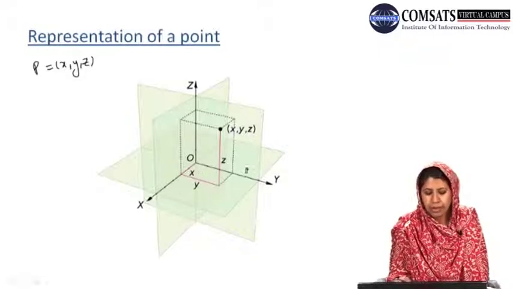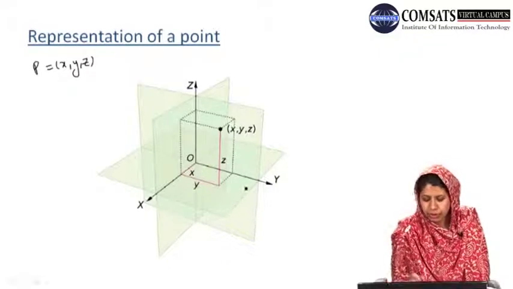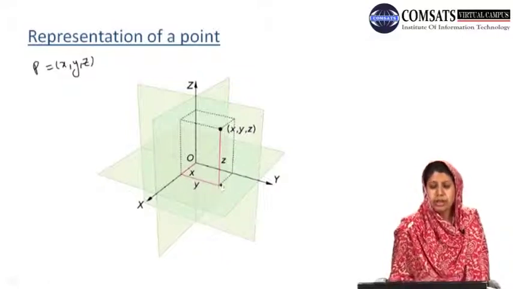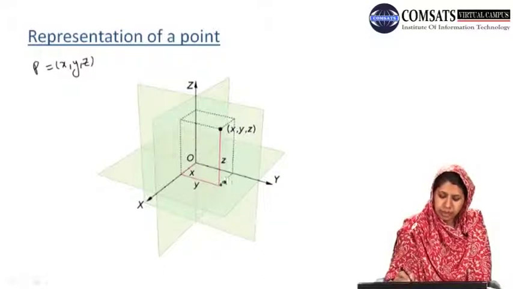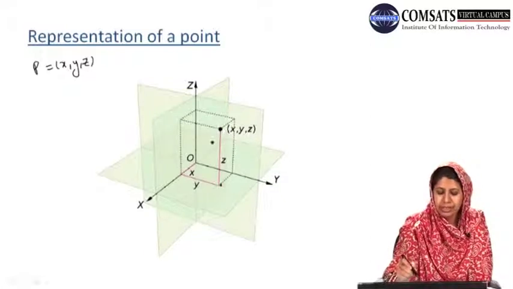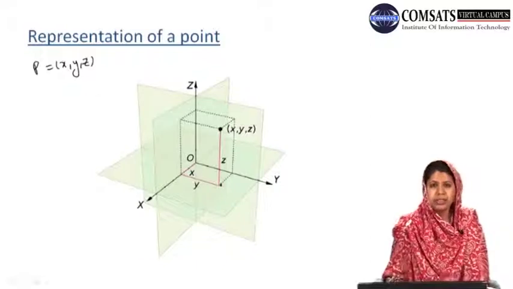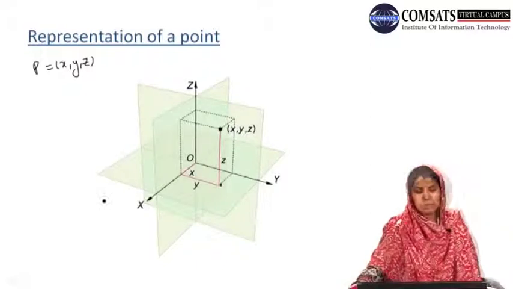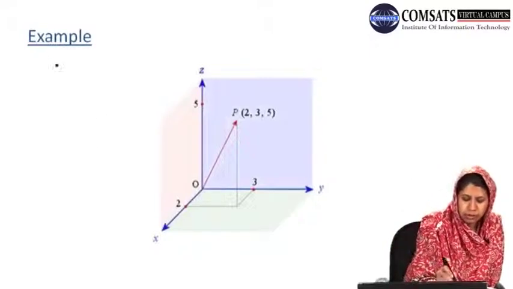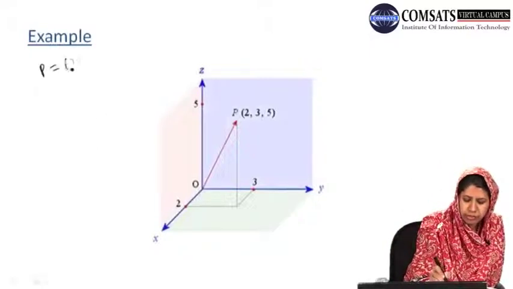Then the value of y on the y-axis. Here we have x, here we have y, and we have this point. And what is the value of z? It means how many units this point is raised to the height z. So this is the point representing x, y, z in three-dimensional space. Okay, we have an example of a point P equal to (2, 3, 5).